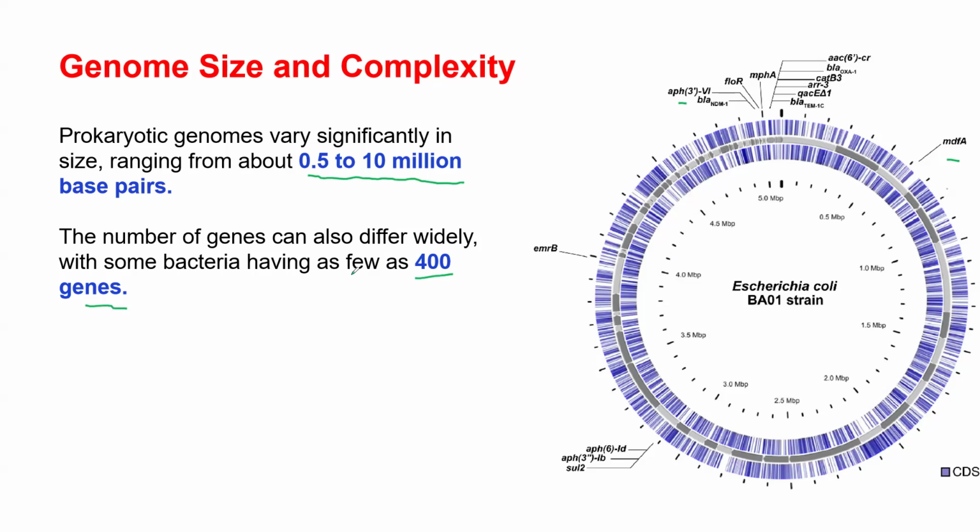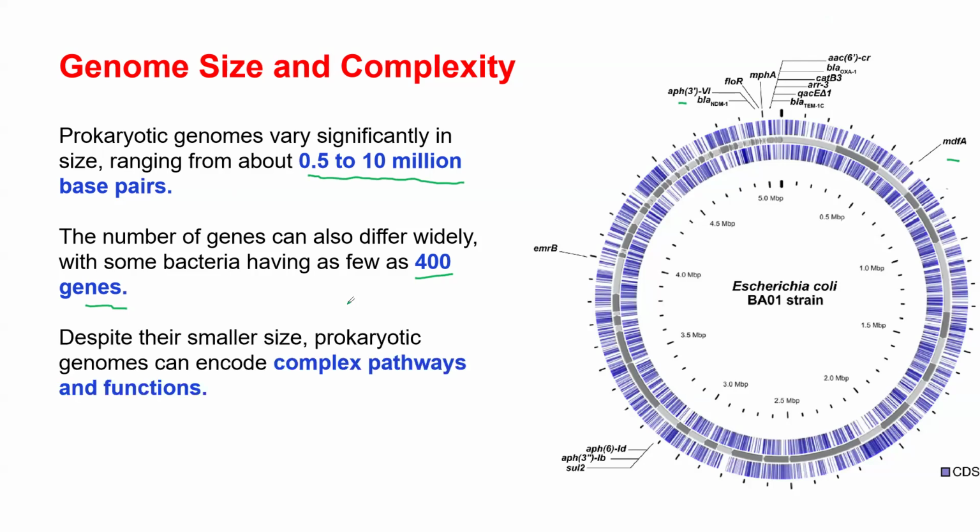So you see, different organisms have different genome sizes. In this case, they can have as few as 400 genes.